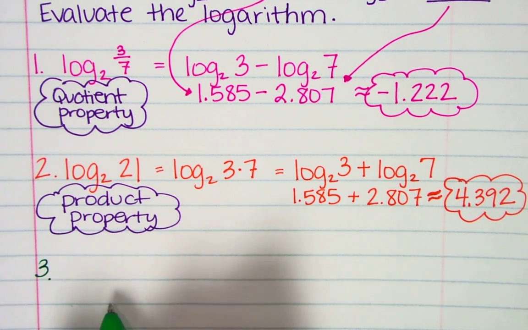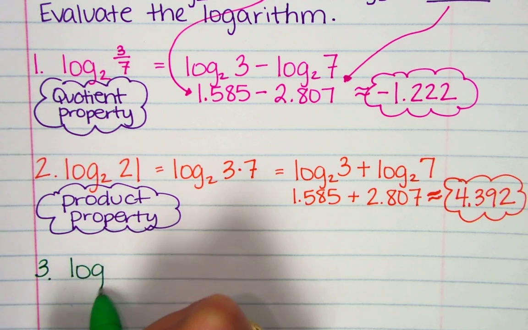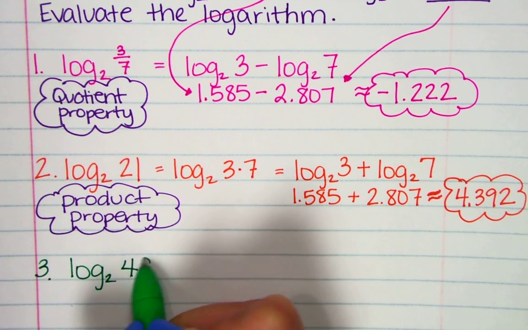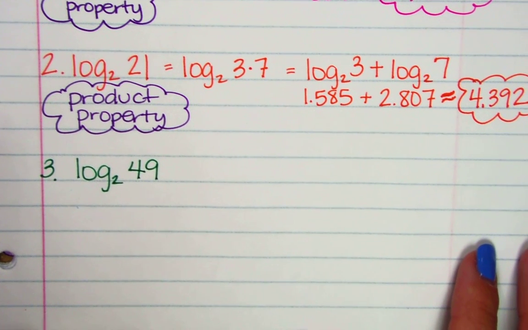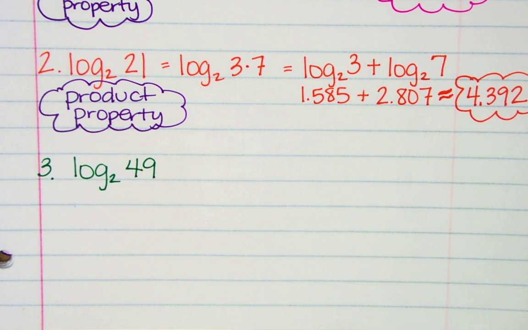Number 3. Now what about log base 2 of 49? One thing I want to say is they can use 3, they can use 7 to get 49. They could use both or only one of those.